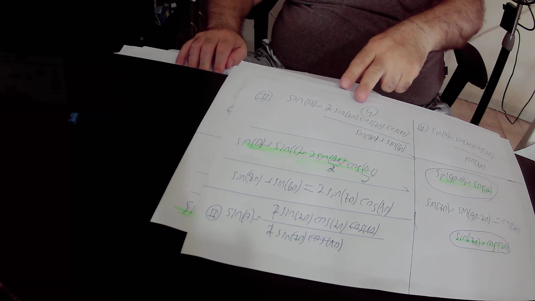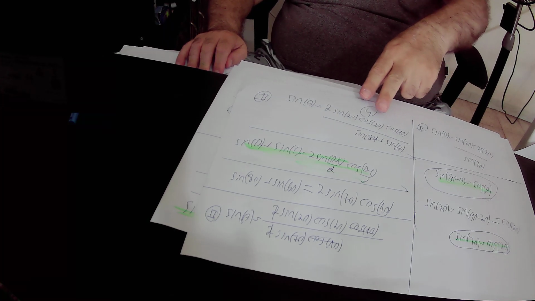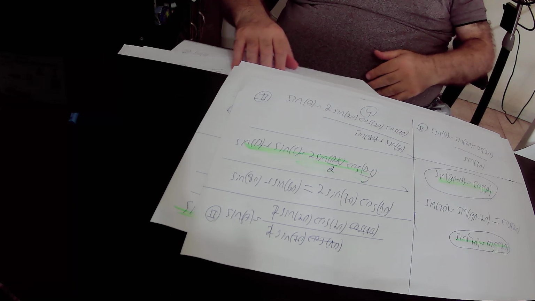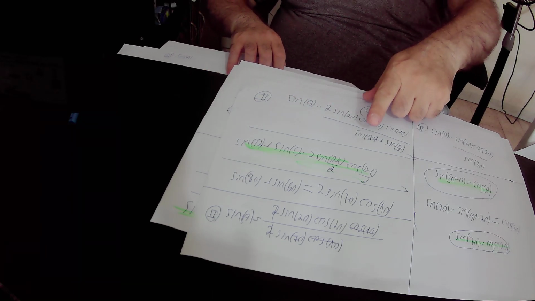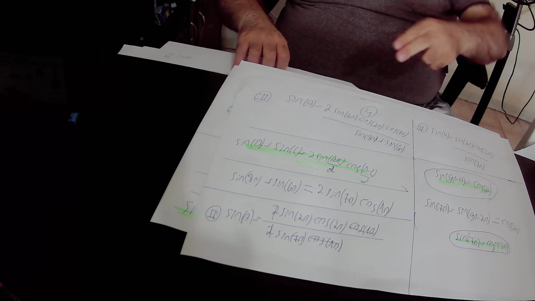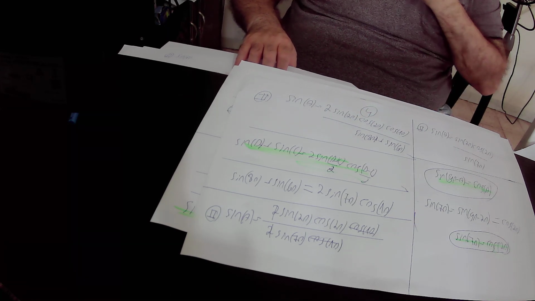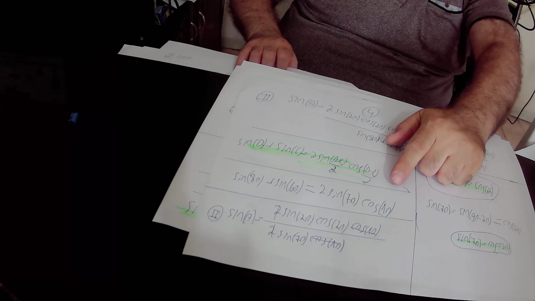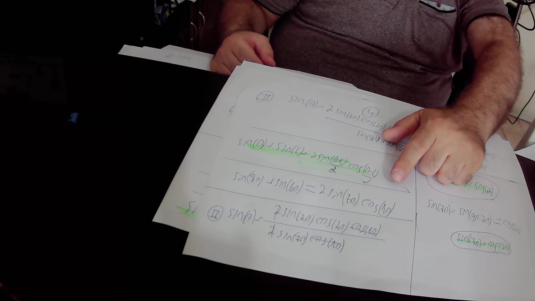sin theta equals 2 times sin 20 degrees times cos 20 degrees times cos 10 degrees over (sin 80 degrees plus sin 60 degrees). And we have the trigonometric identity that sin d plus sin c equals 2 times sin of (d plus c) over 2 times cos of (d minus c) over 2. According to this identity, d is 80, c is 60, 80 plus 60 is 140, and 140 over 2 is 70.